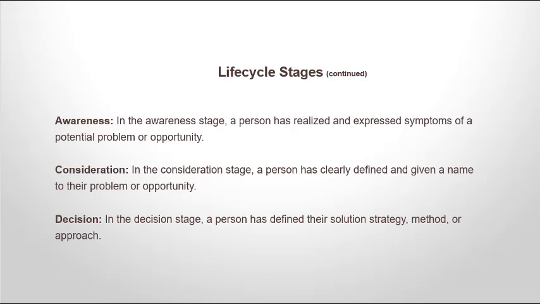In the awareness stage, the person has realized that they have a problem, but they don't know what to do about it. In the consideration stage, they've narrowed their problem to be something specific. And in the decision stage, they want help making that final decision as it relates to that targeted problem.